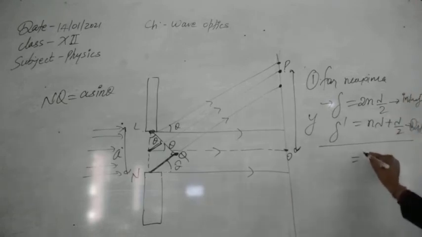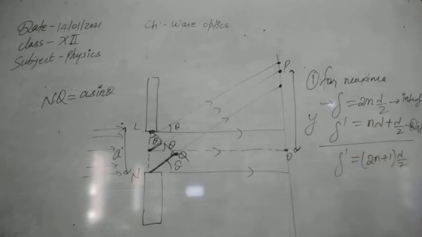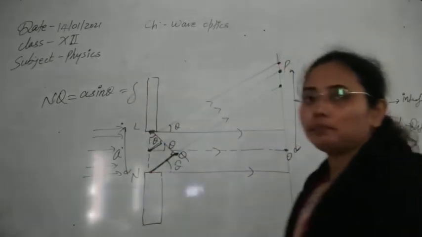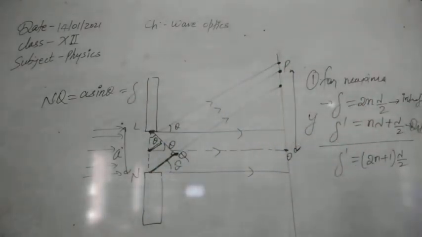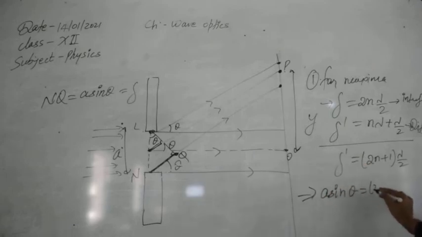So these are the two cases we have. We can write it after solving: this is 2n plus 1 lambda by 2, and this is delta dash. Now delta dash should be equal to this NQ, because this is the path difference between the diffracting or interfering waves. So if you put in the value, A sin theta is equal to 2n plus 1 lambda by 2.